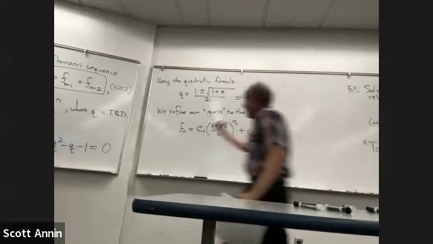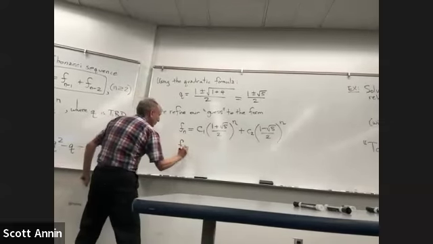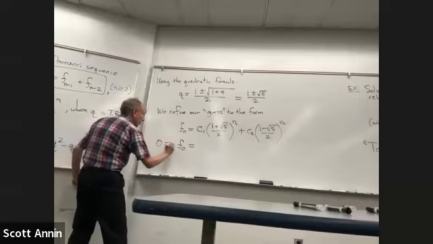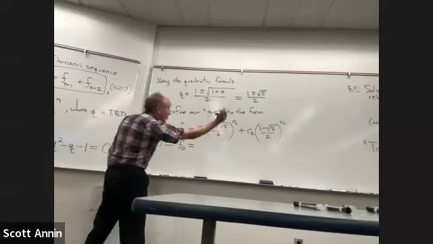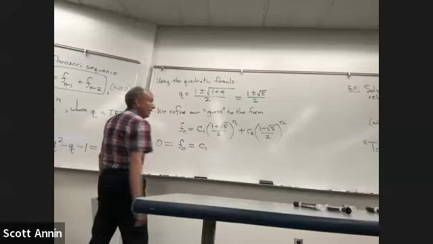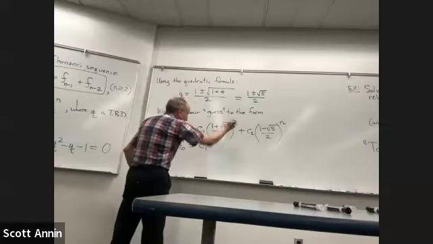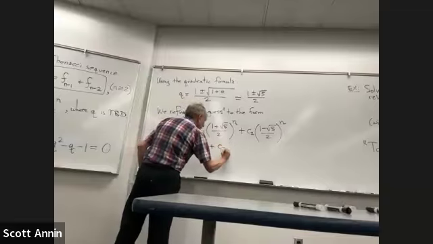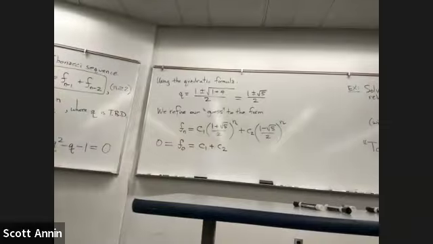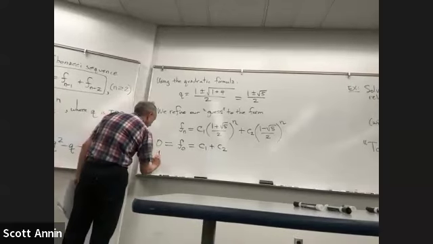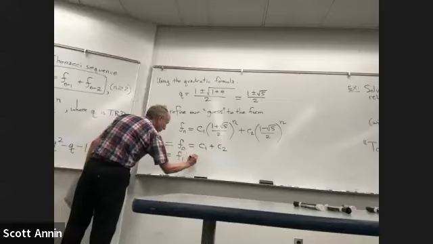Anyway, I'm going to try to plug in f of 0. We know that it equals 0. If I put in 0 here for n, when we raise something to the 0th power, we get 1. And so you get C1 plus C2 equals 0. Then when we plug in 1, we'll get another equation.